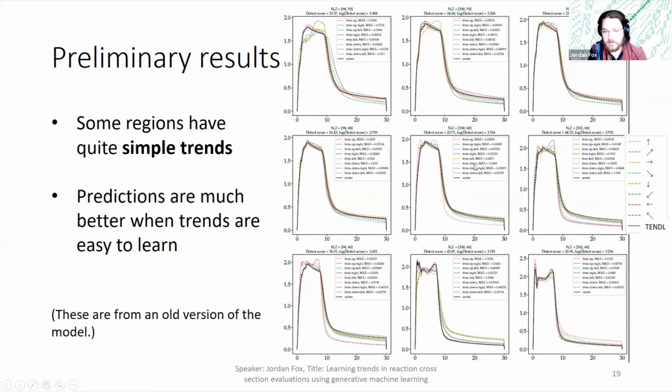So there should be at most 8 predictions on each one. And they all look quite reasonable here. There's some disagreement as to where that tail goes a little bit. There's some disagreement as to what happens at low energy. But overall, I think these look really good. But on the other hand, this is clearly a region where trends are very simple. So it makes sense that predictions are much better where trends are easier to learn and more difficult where they're harder to learn.